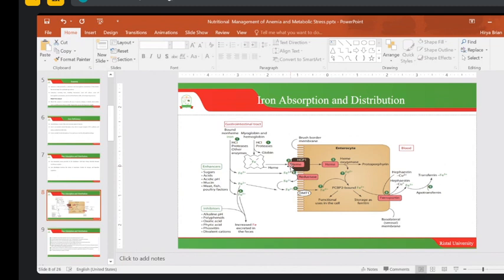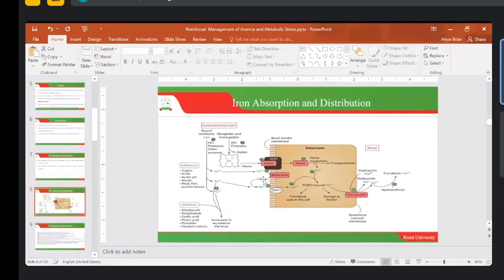And non-heme iron begins as ferric iron, or iron 3, and then it is reduced to iron 2, or what we call ferrous iron. This is done using a reductase enzyme on the border boundary that helps it to be transformed into ferrous iron.